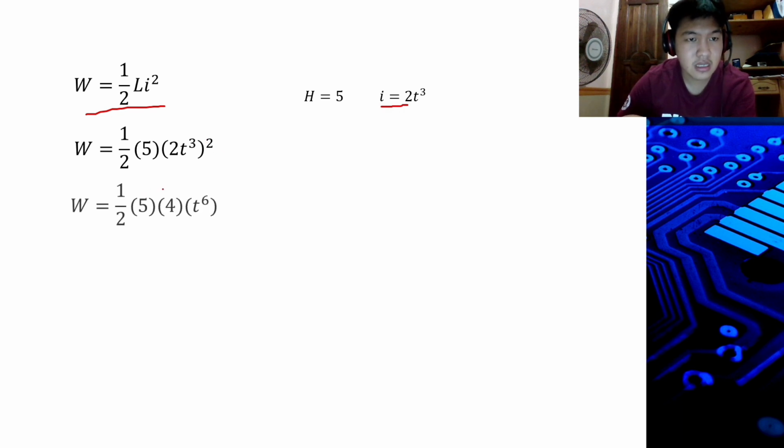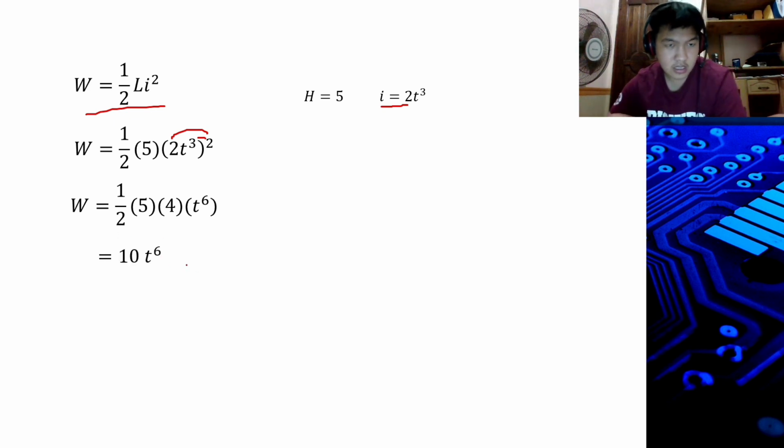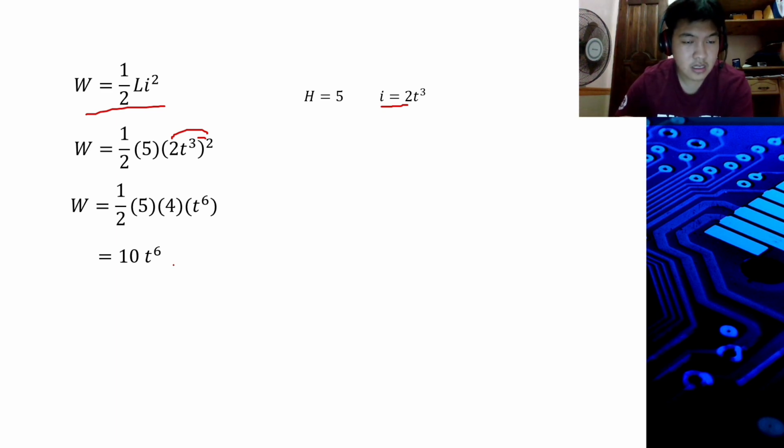So you can get, if we distribute, 1/2 times 5 times 2 times 2 is 10, and 3 times 2 is 6, or t to the power of 6. If we simplify this, you get 10 t to the power of 6.